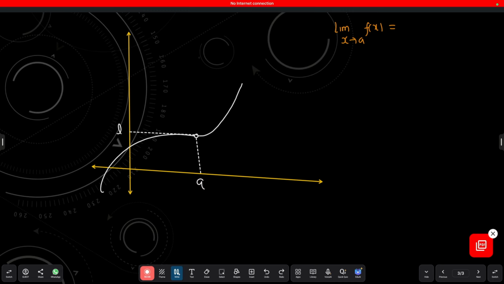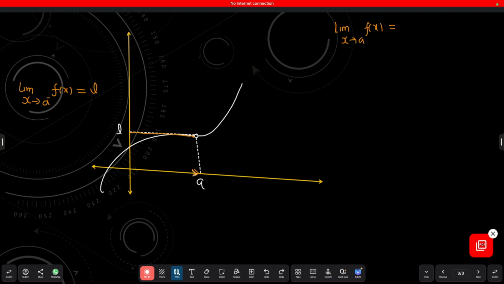Then graphically, you will approach A from the left side. Suppose you are approaching from the left side of A, very close to the left, then where is your graph, somewhat here, correct? And the corresponding value is L, we can see L only coming, correct? It means from this graph we can see the left hand limit is L. So from here we can write limit x tending to a negative, f(x), this value is L.